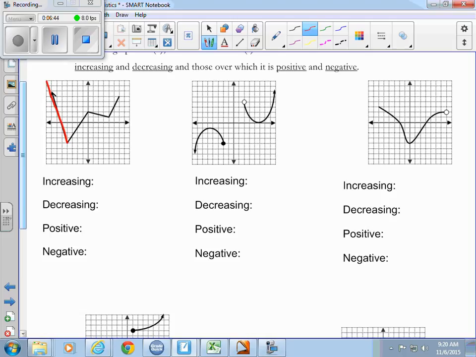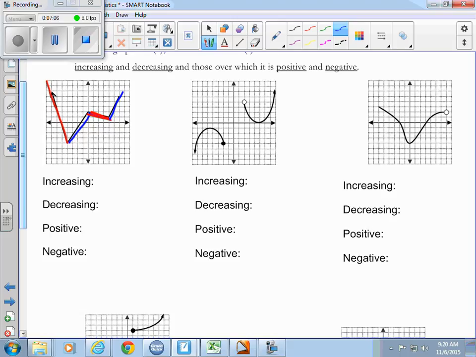Then I start to increase. Then I start to decrease. And then I start to increase.